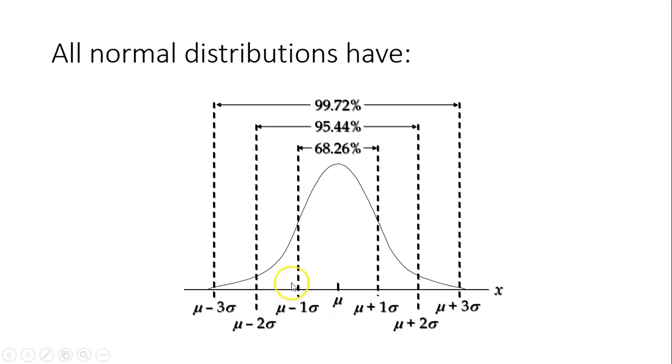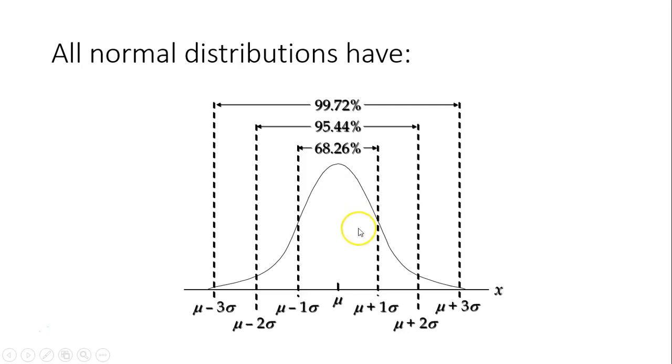So, all normal distributions have the following. From the mean of the normal, plus minus 1 standard deviation is 68.26% of the data.